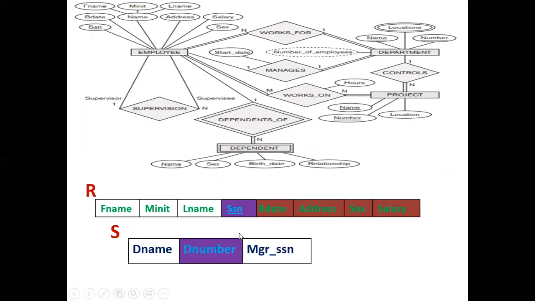Now, is there any other relation which has a 1:1 cardinality ratio? No. So this is how we need to map 1:1 relationships. The primary key at partial participation will behave as a foreign key at total participation.